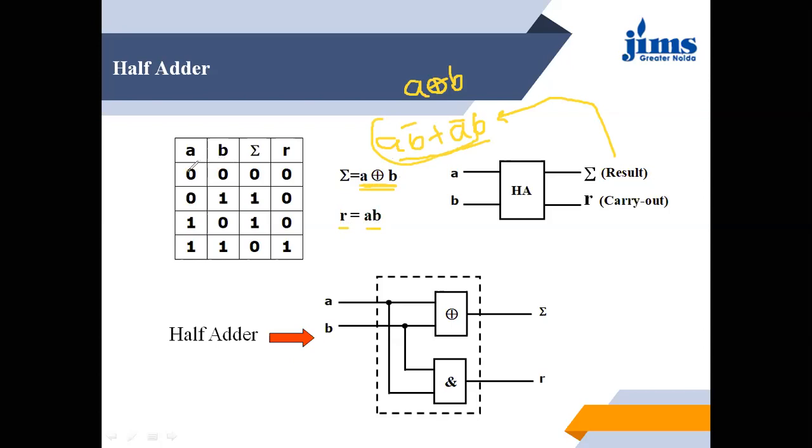From here you can see when any one of these is 0, then I am getting 0, and when the value of both the inputs A and B is 1, then I am getting 1. So from here, when A is equal to 1, B is equal to 1, A dot B is also equal to 1. So we get the solution of the half adder.